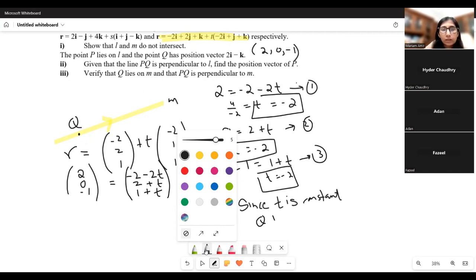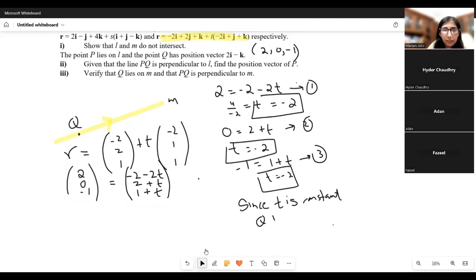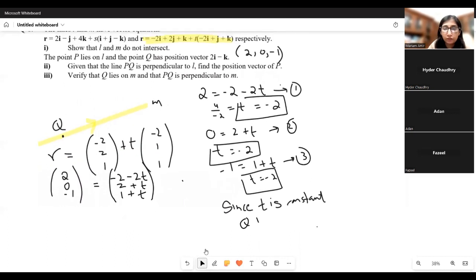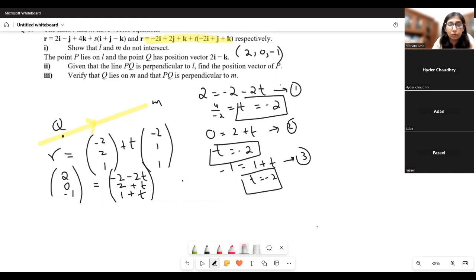Okay. And that PQ is perpendicular to M, we have also seen this. Now we have the coordinates of Q. Let's find the coordinates of Q. So OQ is, we're doing part 3, the second part of it.